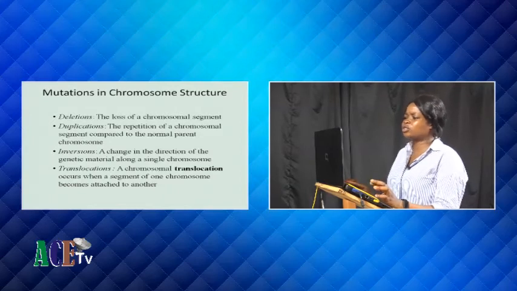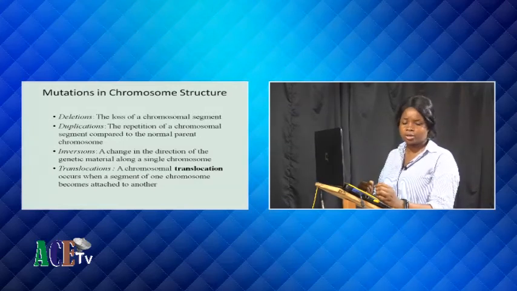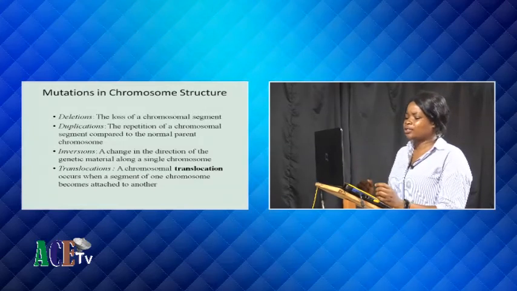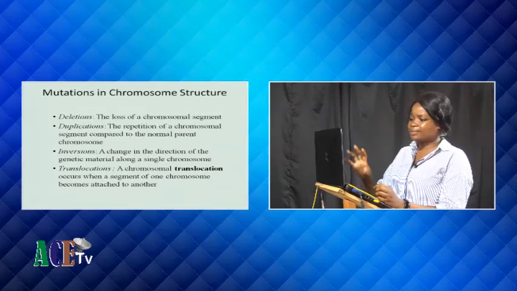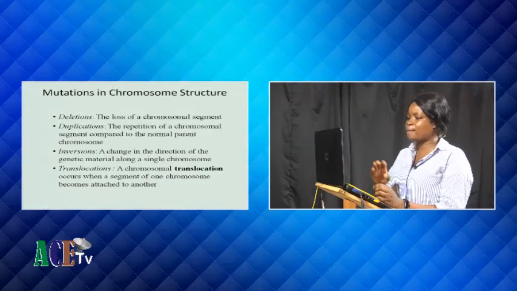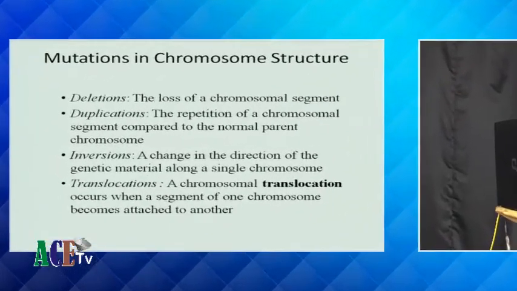Then let's look at mutation also in chromosome structure. The structure can also change. These are the types of situation whereby it can cause changes in the chromosome structure. We have deletions.